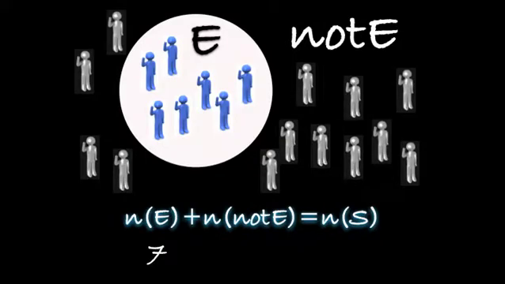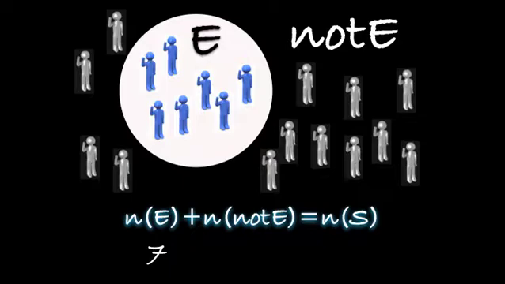Take a look at this picture. It's a Venn diagram. If we count the people in blue that are in region E, we'll see that there's 1, 2, 3, 4, 5, 6, 7 people. If we count the people that are not in region E, that are outside the region, there's 1, 2, 3, 4, 5, 6, 7, 8, 9, 10, 11, 12, 13 people, and they're all in silver.